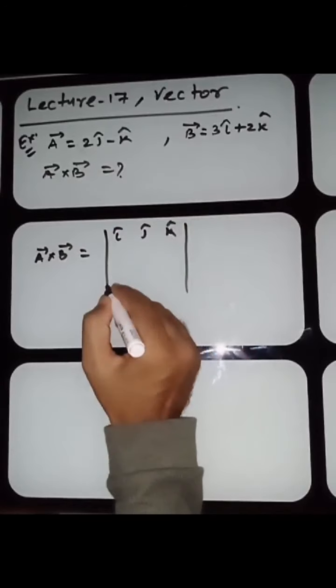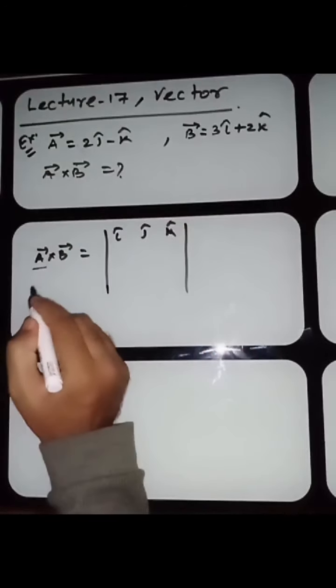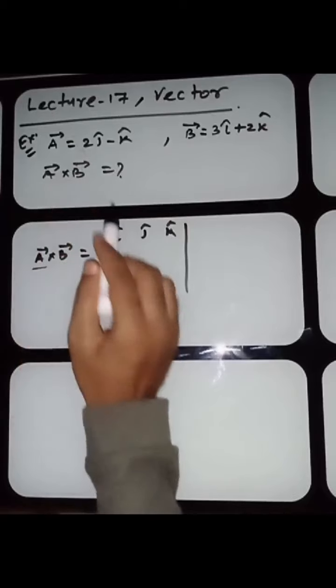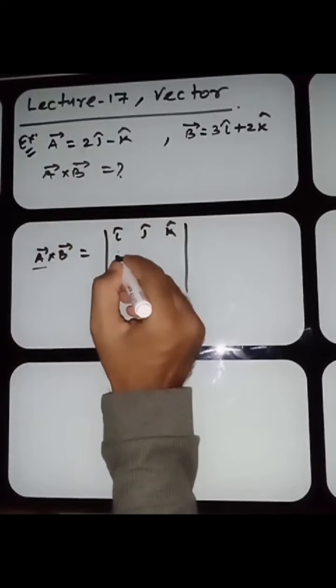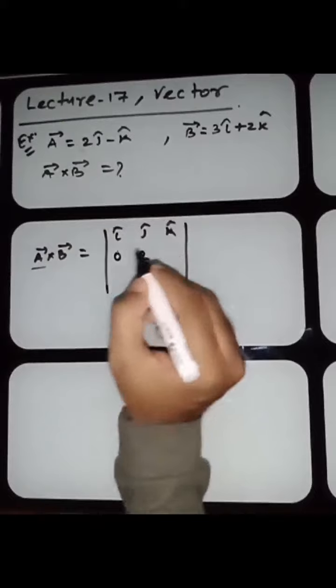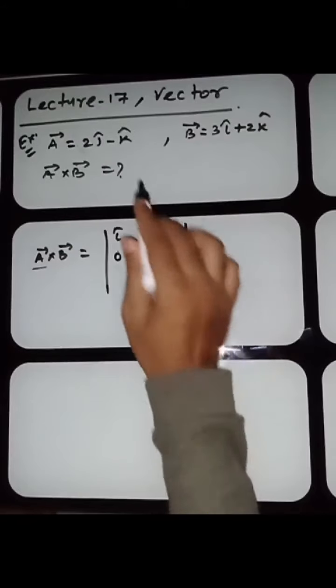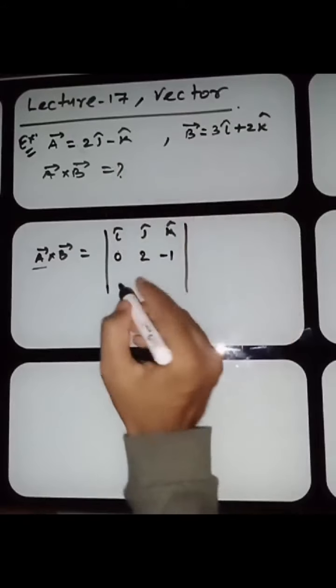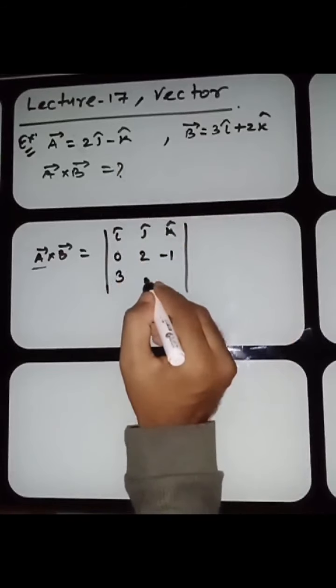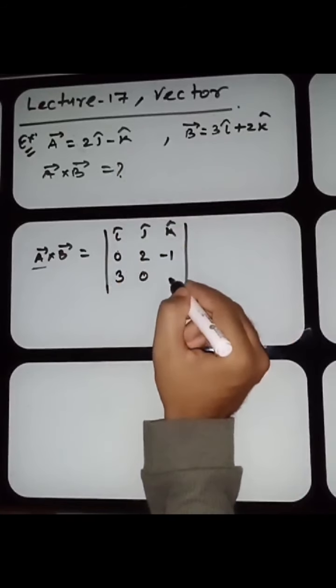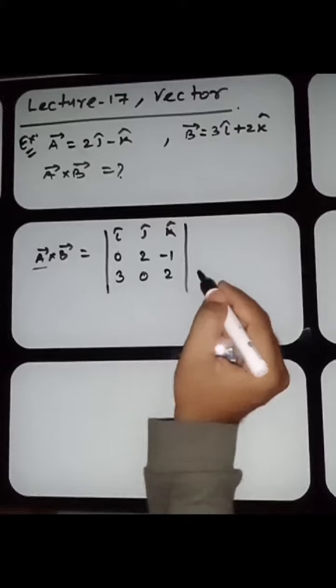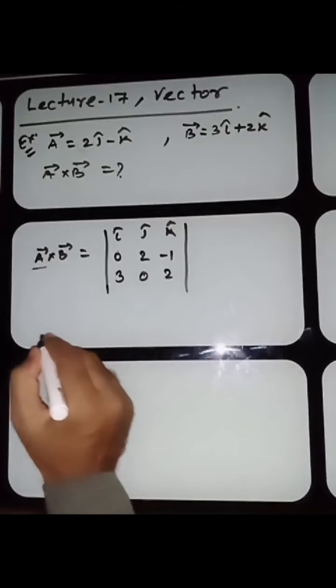But for the coefficients, first you put the coefficients of A. Here the coefficient of i is not available, so 0, j is 2 and k is minus 1. For B, i is 3, j is not available, and k is 2.